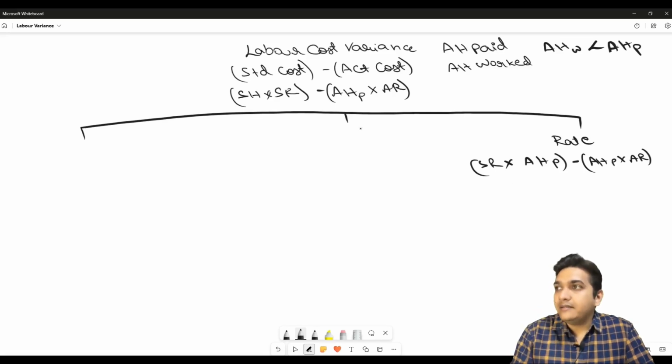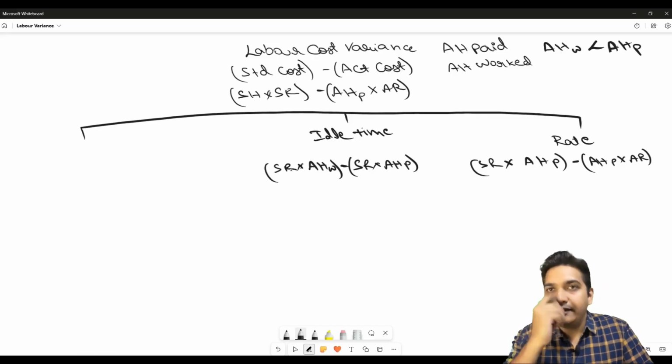Now the second variance is the idle time variance. To compute idle time variance, one part would be the first part of rate, which is standard rate into actual hours paid, and the other would be standard rate into actual hours worked.